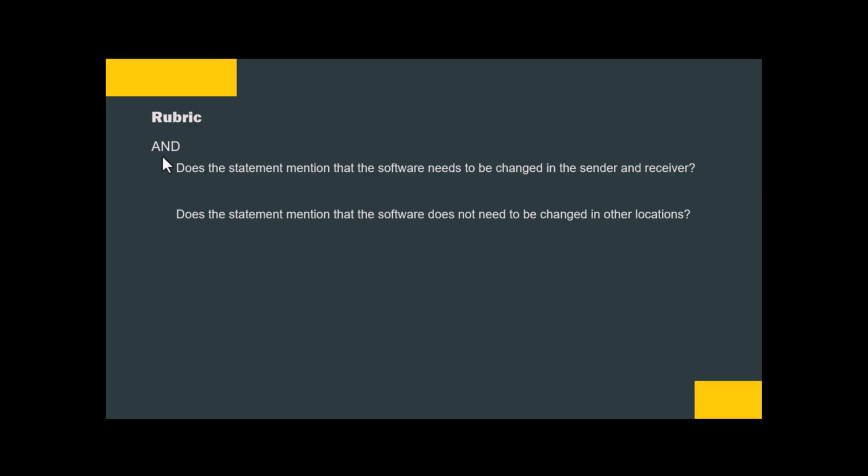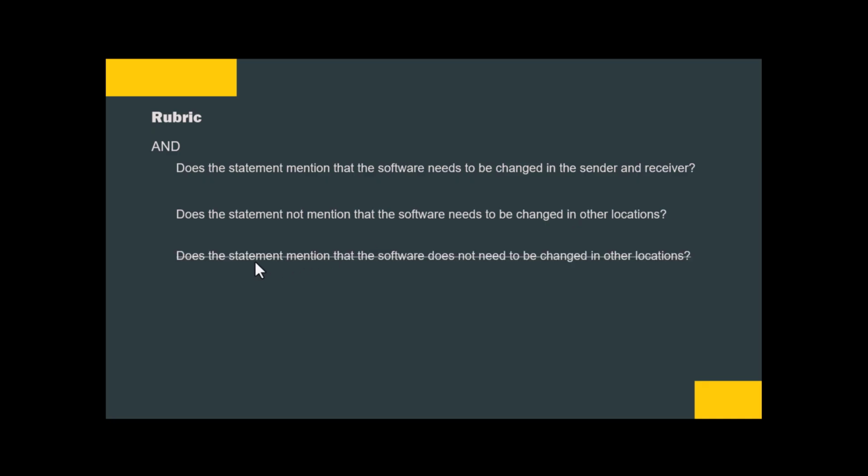We need to form a Boolean and, so that the submission gets full credit if both of these are satisfied. First, that the statement mentions the software needs to be changed in sender and receiver, and that the statement doesn't mention that the software needs to be changed in other locations. That's not a great idea because we don't really need the submission to explicitly say that the software doesn't need to be changed in other locations.